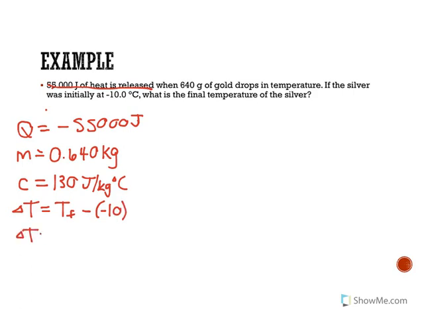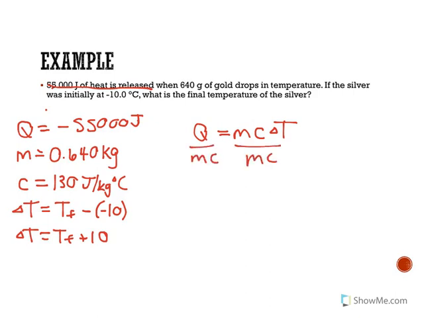So our delta T is T final, subtracting negative 10, that's plus 10. We'll have to plug that whole thing in for our delta T. So if we write out our formula, Q is equal to mc delta T. And if we want to rearrange our formula so delta T is by itself, we can go delta T is equal to Q over mc.